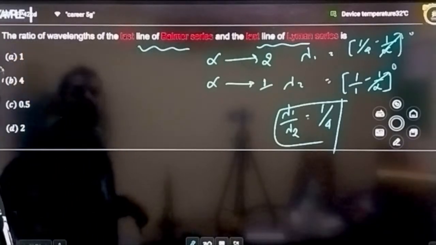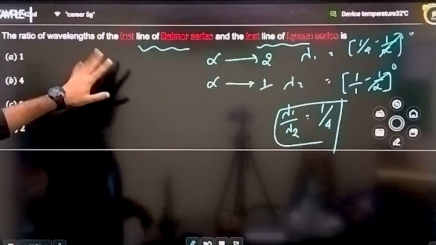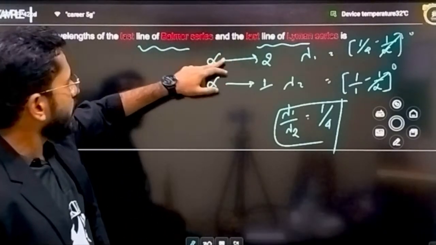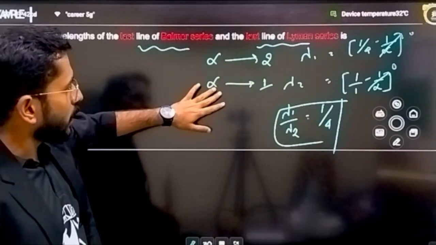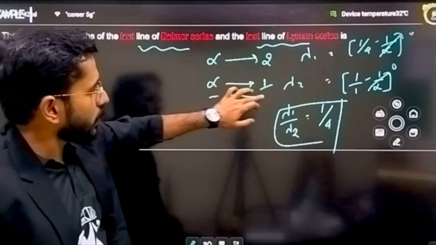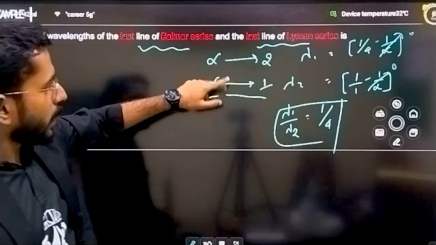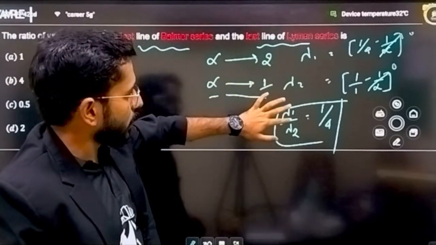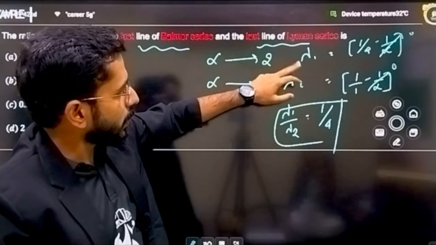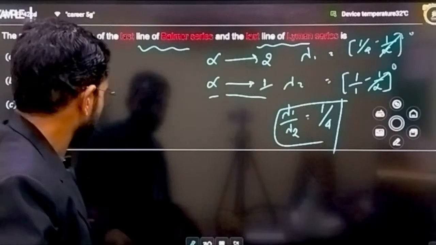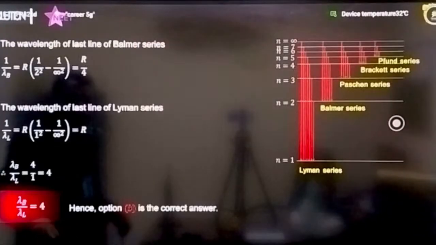Correct now? The ratio of wavelengths of the last line of Balmer series and the last line of Lyman series. The last line of Lyman series will be coming to 1 from infinite, that means lambda 1 by lambda 2 will be equal to 1 by 4 only.